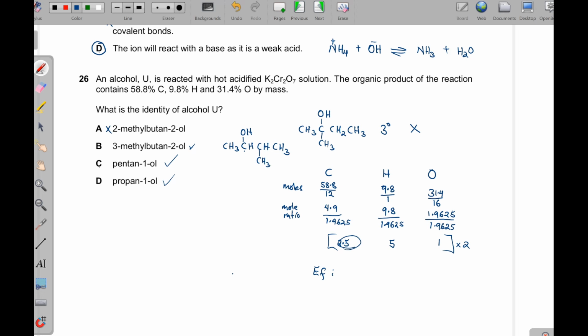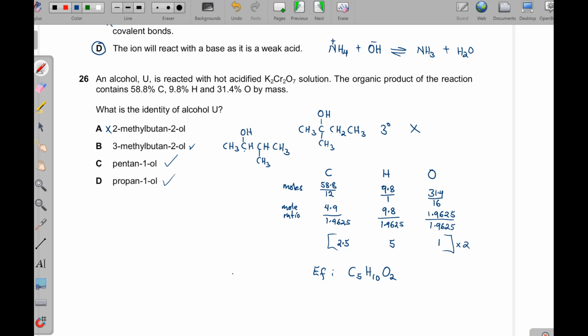This one is not a whole number. This one is, this one is. So we multiply through by a value that is going to make them whole numbers. So carbon here will be 5, hydrogen will be 10, and oxygen will be 2. And remember, the empirical formula can be equal to the molecular formula.